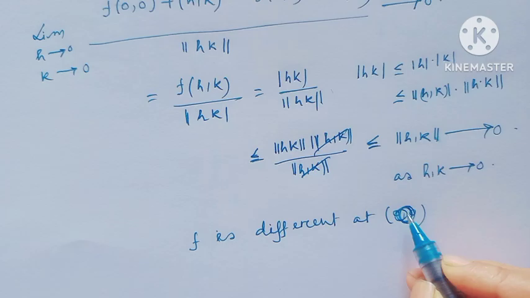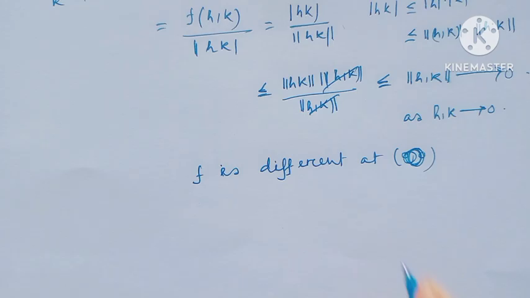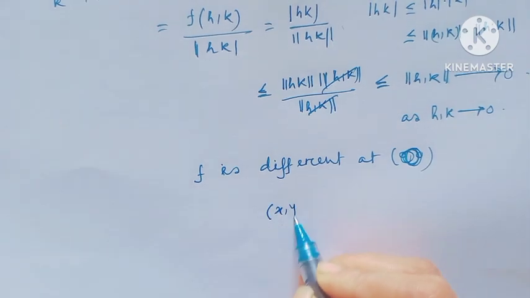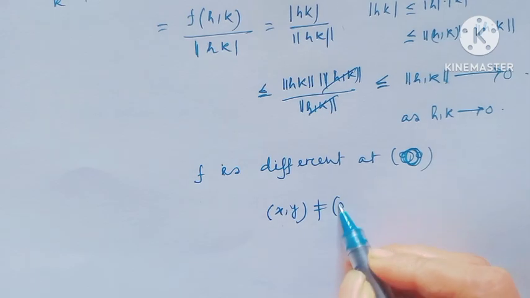At the point 0. Okay. Next, consider (x, y) not equal to 0.